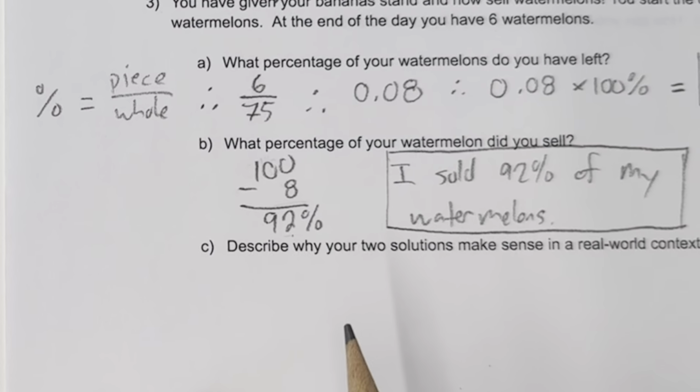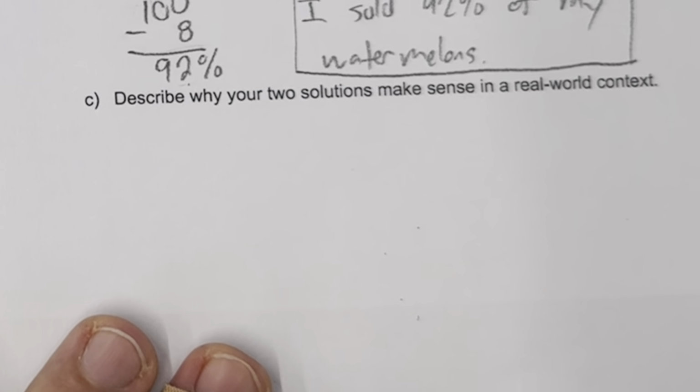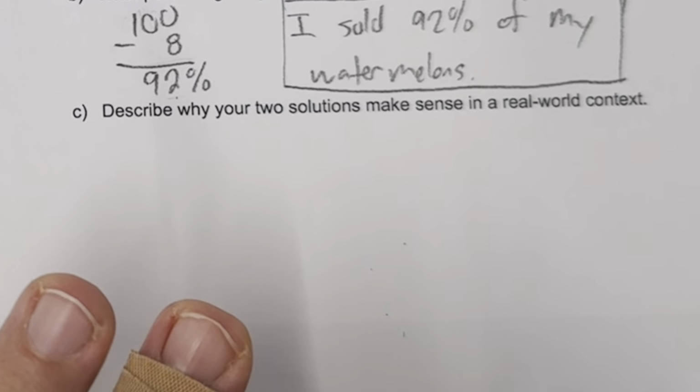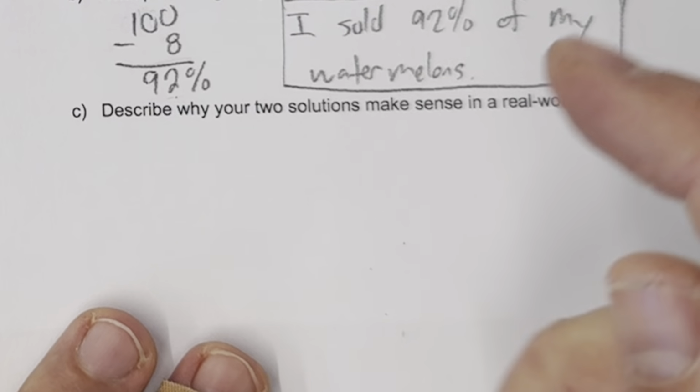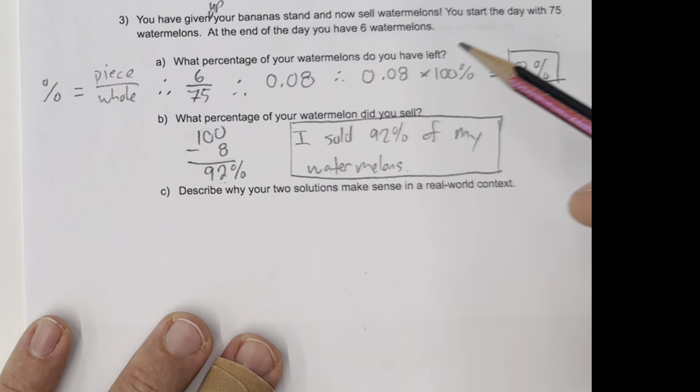And so here it says, describe why your 2 solutions make sense in a real world context. I think to answer that one, you might need to justify this piece right here.